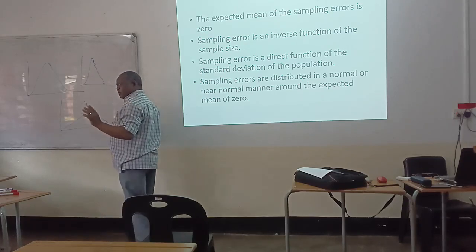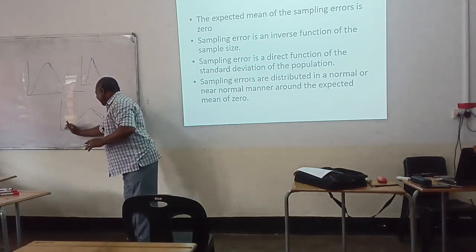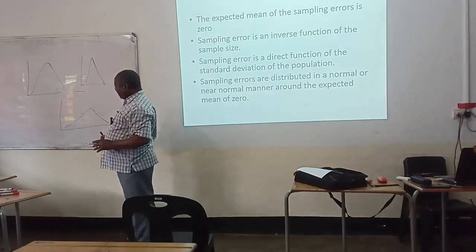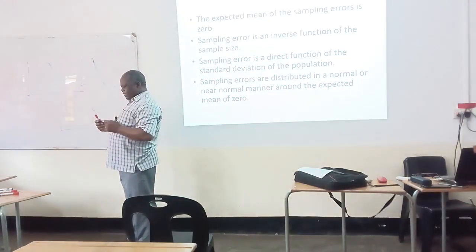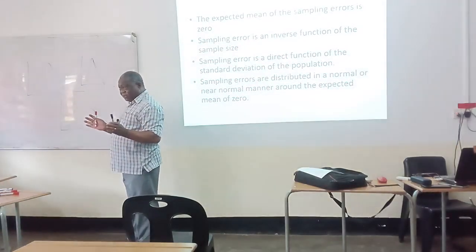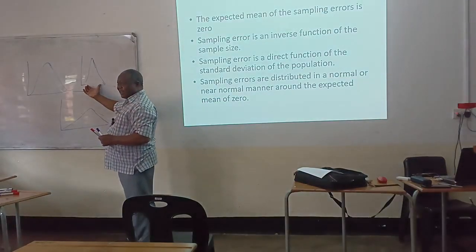Still normal distributions, right? This side is same as this. This side same as that. This side same as this. But in this distribution, the scores are falling very close to one another. And therefore, you have a smaller standard deviation.